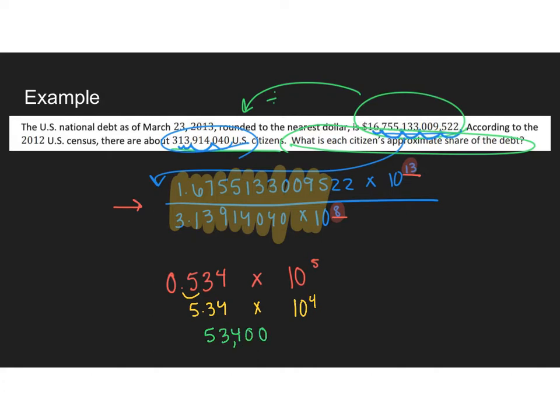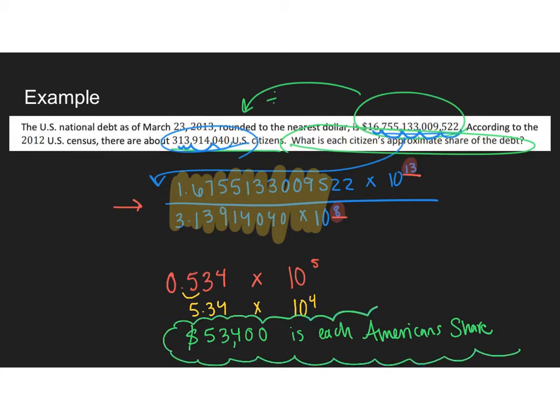So that means that each American's approximate share of debt is $53,400. And that's our answer. Please make sure you have it down before we move on to the next one.